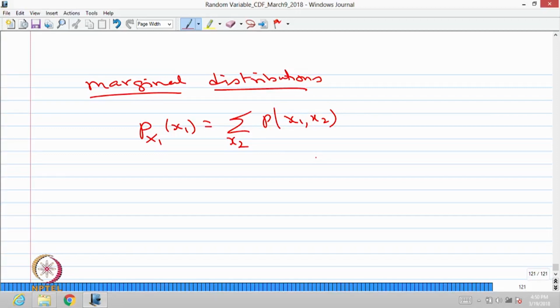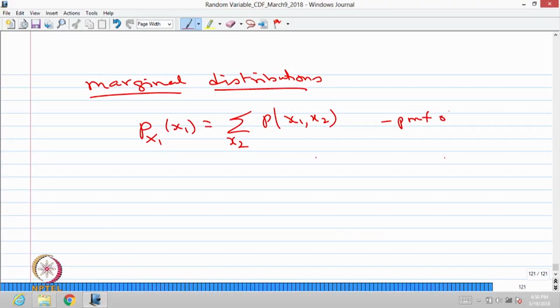You can verify whether this is going to be a probability mass function. This summation value is always going to be greater than or equal to 0, lies between 0 to 1, and if you make a summation over x1, that is going to be a double summation over x1 and x2, that is going to be 1. Therefore, this is a probability mass function of the random variable x1.